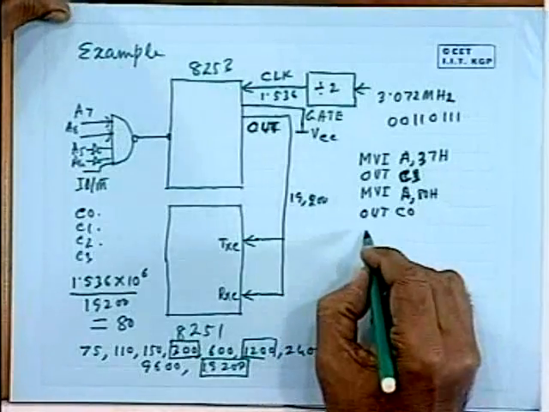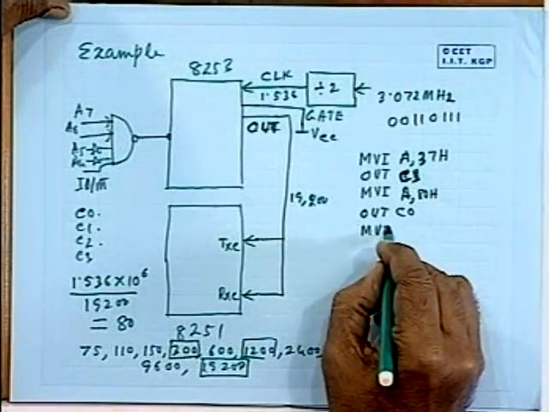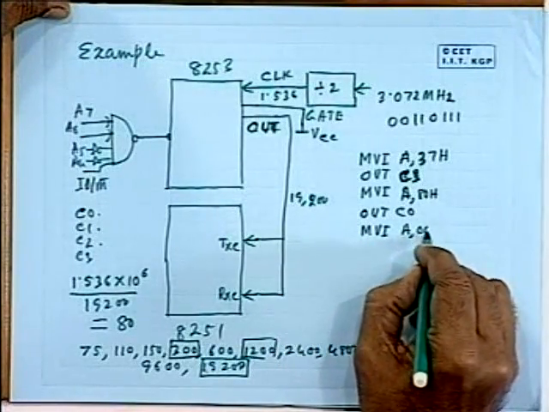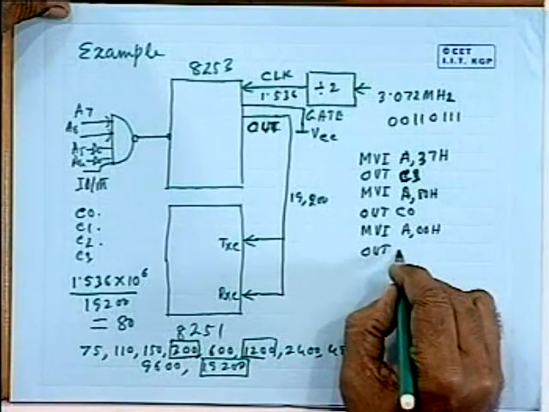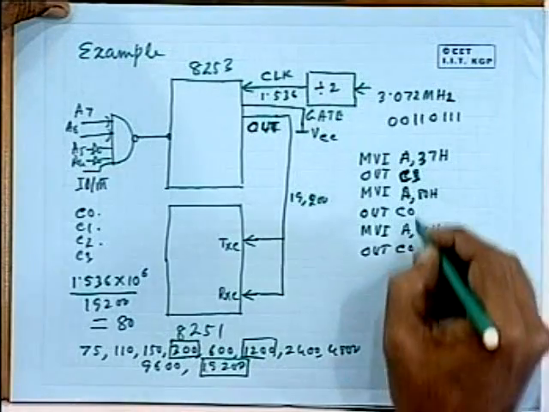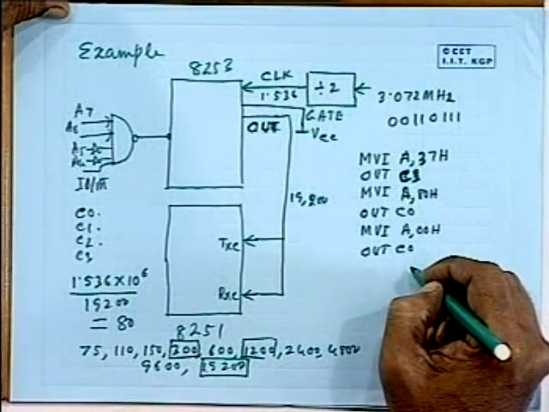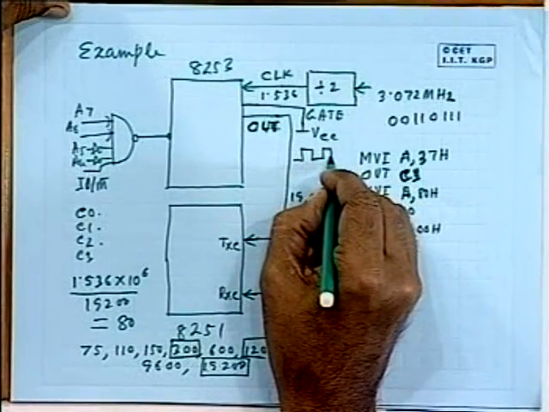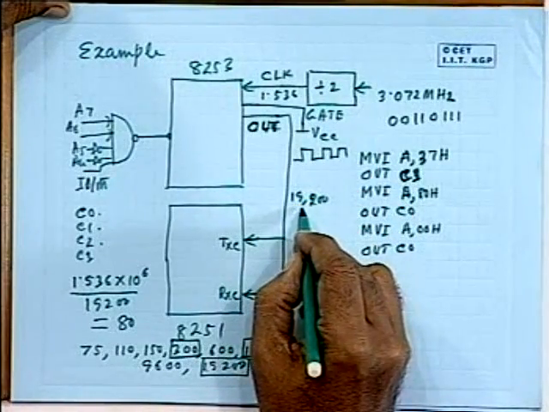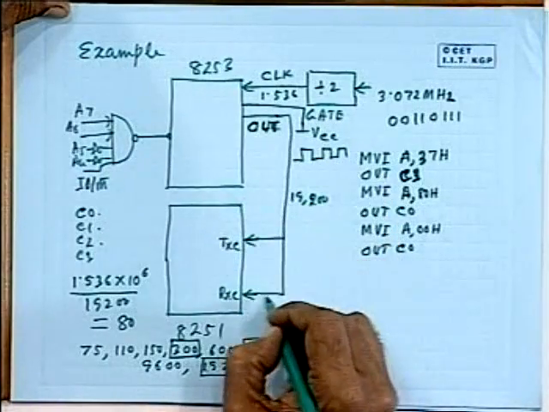So you have to write MVI A, 00H followed by OUT C0. Once this writing is over, you will get a continuous clock of 19,200 generated.